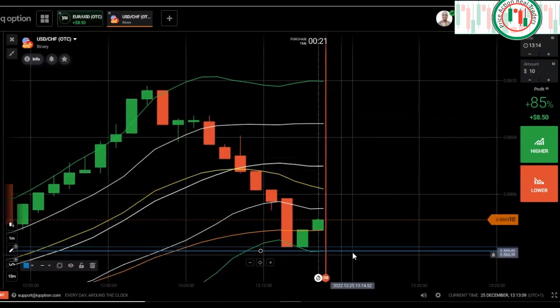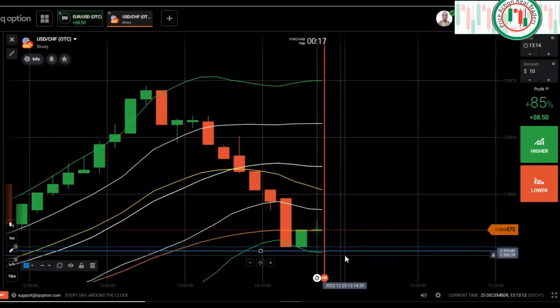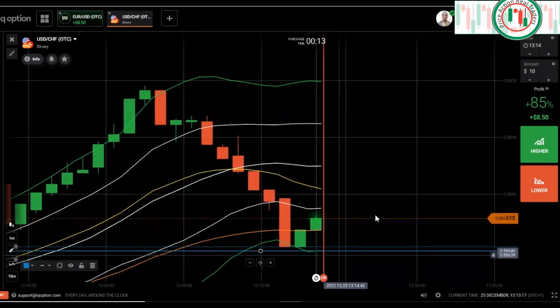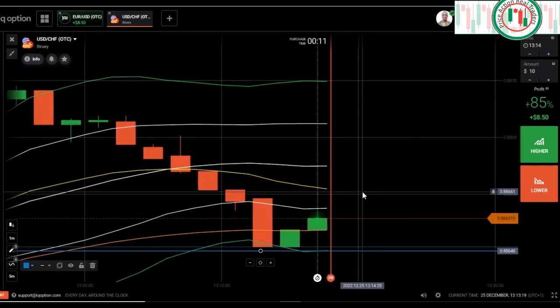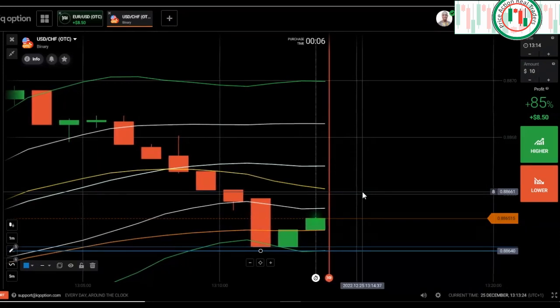We see momentum here. So I will wait to see what the next candle will be.